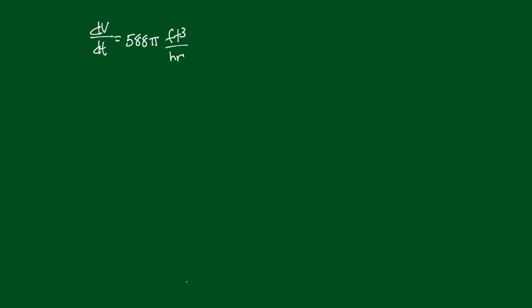I think it's important to do one more thing. We've got a number, 588 pi cubic feet per hour, but it's nice not just to get a number, it's nice to be able to tell somebody what it means. Let's interpret this value.